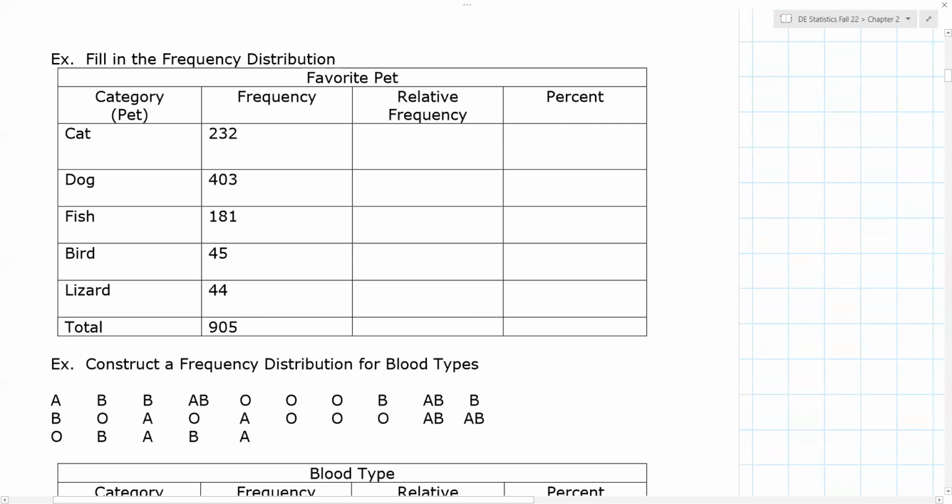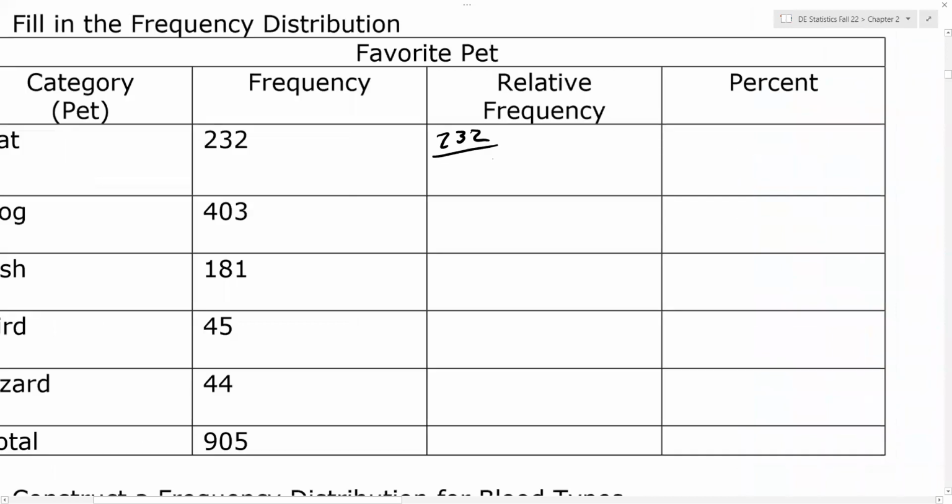And then next to that shows the frequency of those animals being someone's favorite pet. Then for the relative frequency, we're going to take each of these numbers. So 232 divided by the total number of people that answered the question, 905, and that gives us our relative frequency, which is 0.2564.